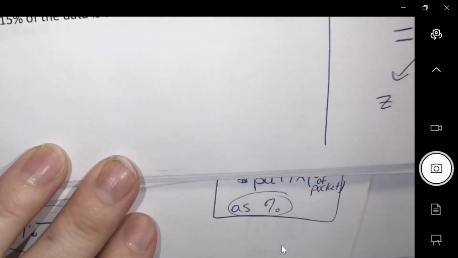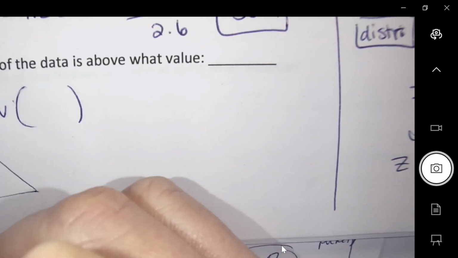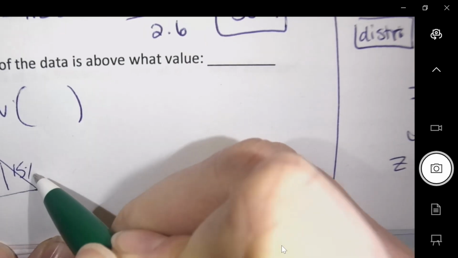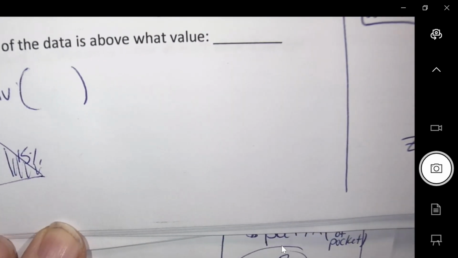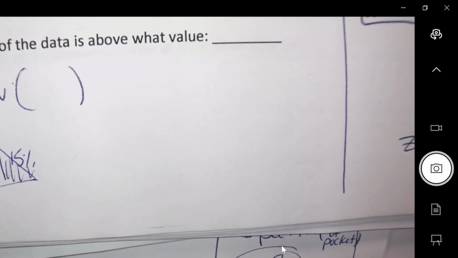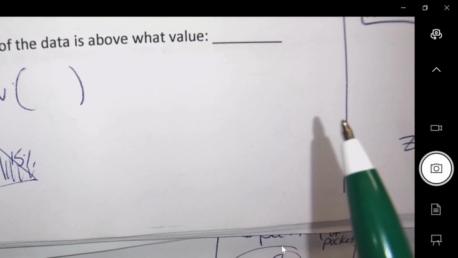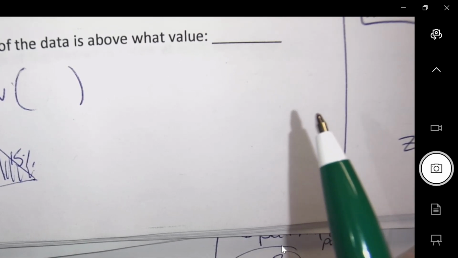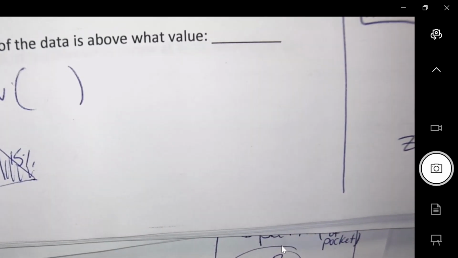Okay, here's where I'm going to try to trick you. Inverse what number? Because 15% of the people are above you. What am I trying to do to trick you here? I'm not going to put 0.15 in there, or what?